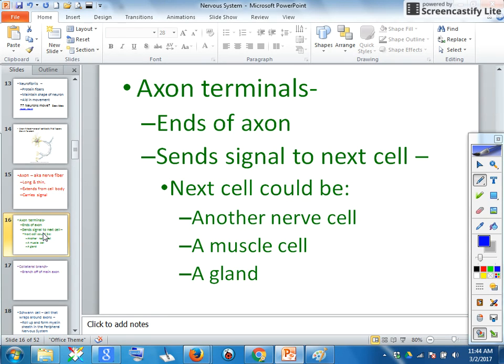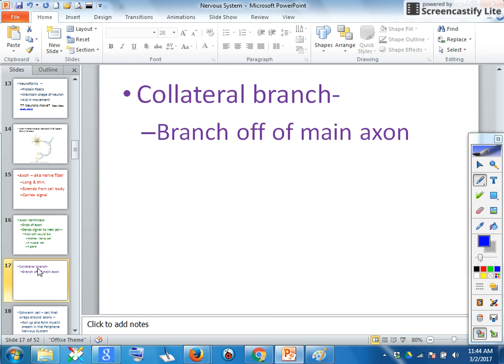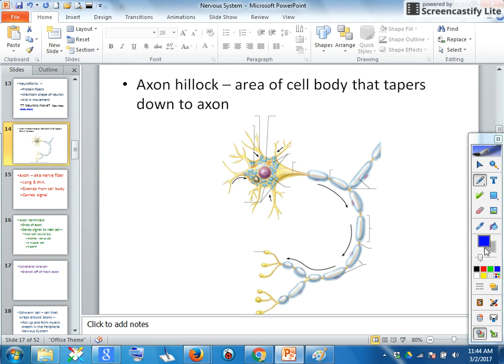It might be another nerve cell, it might be a gland, it might be a muscle. So in this picture, this yellow thing in the center is the axon, and right here at the end are the axon terminals. We've already talked about the collateral branch, how that's just a branch off of the main tree trunk.